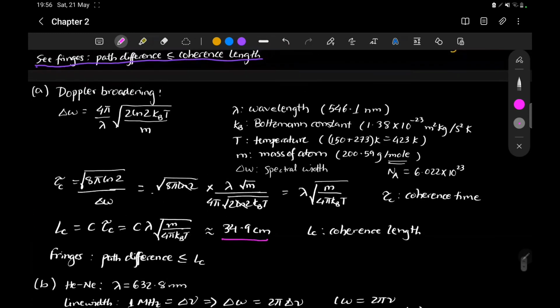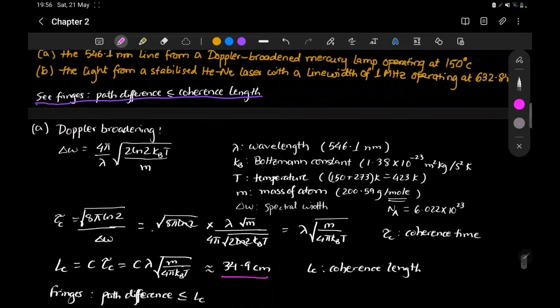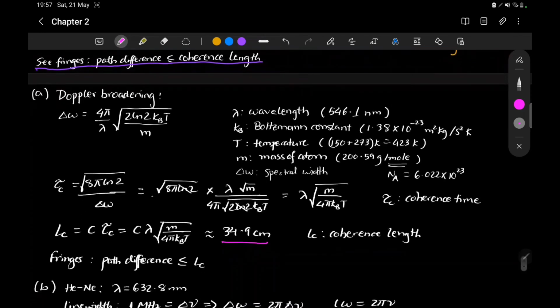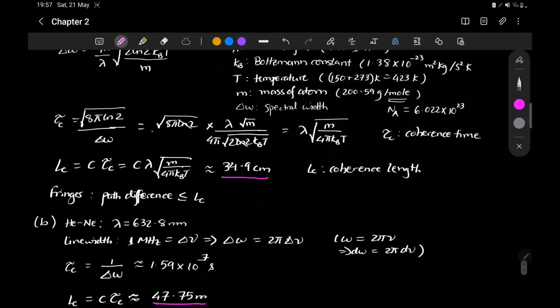So we can easily get fringes from the mercury vapor lamp as well. Incoherent sources, typically, let's say sunlight, for example, would have a coherence length in the range of micrometers. So it would be very difficult to obtain fringes from such a source. So this brings us to the end of this question.